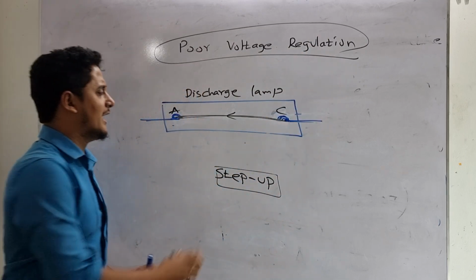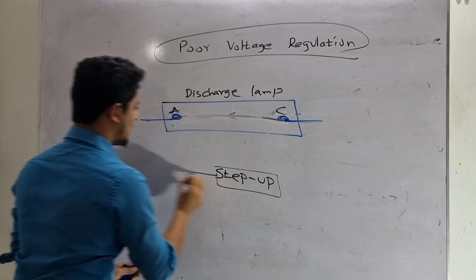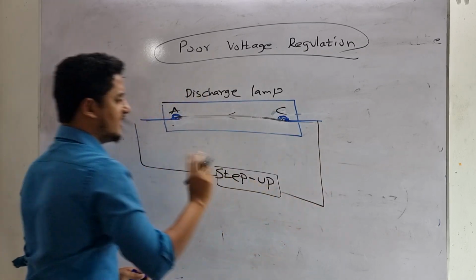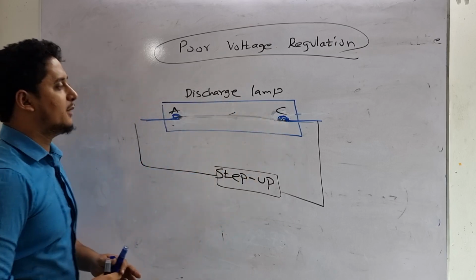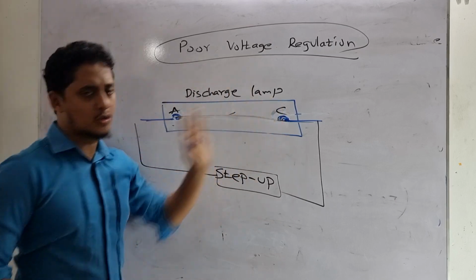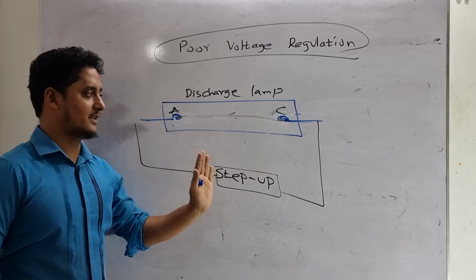Why? When we connect the step-up transformer between these two terminals, it produces a high voltage between them in the initial condition.